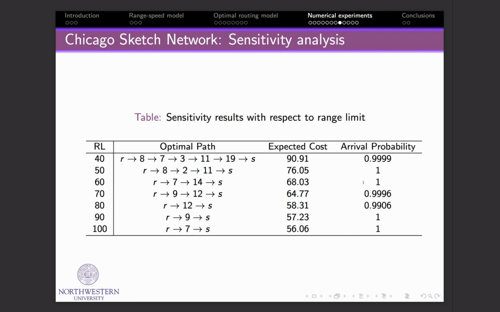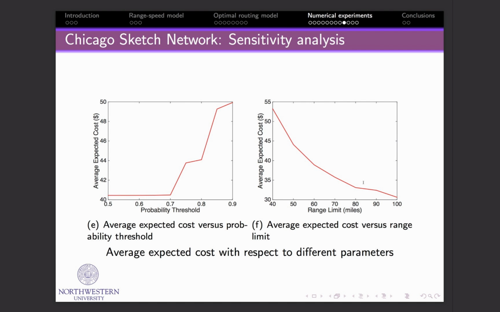To better understand the cost sensitivity with respect to different parameter settings, this figure plots the average expected cost of 15 randomly chosen OD pairs versus different probability thresholds and range limits. The figure on the left shows that the average expected cost remains flat when the probability threshold is less than 0.7, but it increases quickly as the threshold grows beyond 0.7.